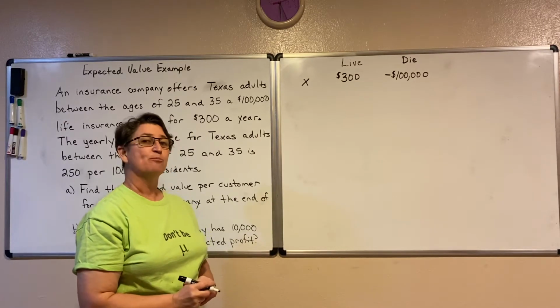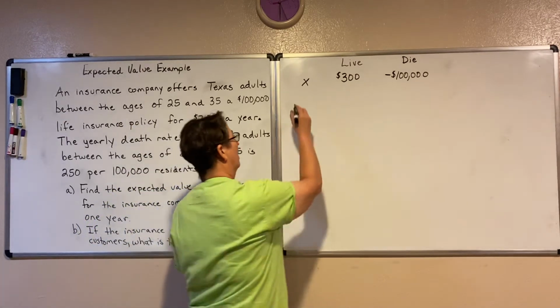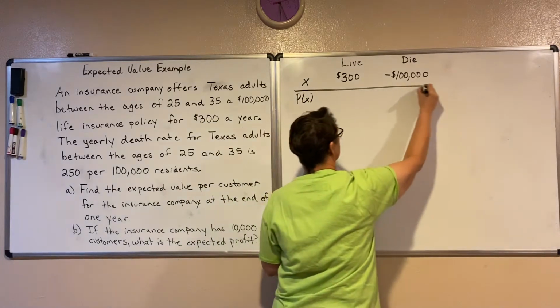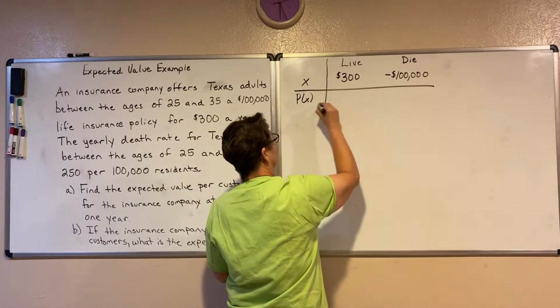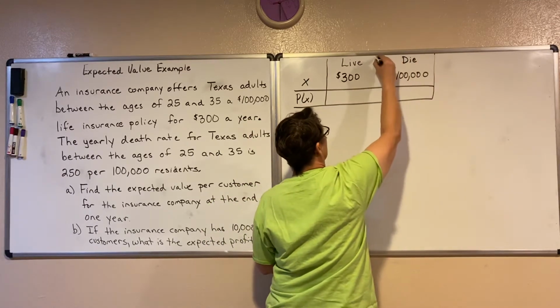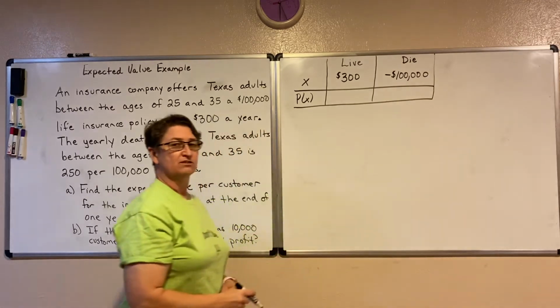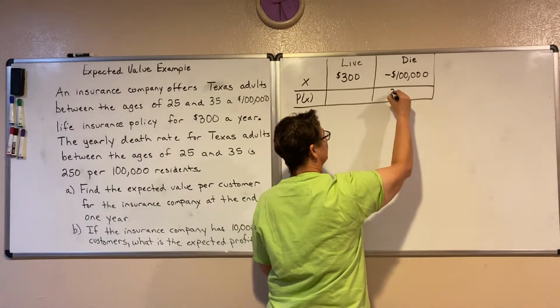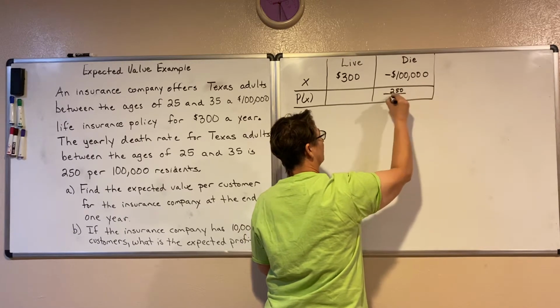Now I need to find the probability of each of those outcomes. It tells us within the problem that 250 out of 100,000 residents die. So we know that the probability someone dies is 250 out of 100,000.